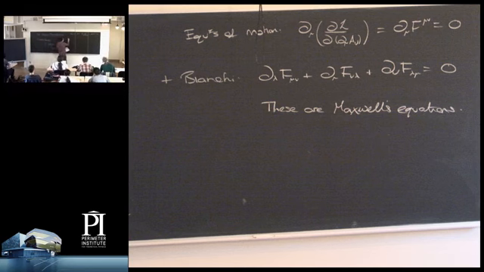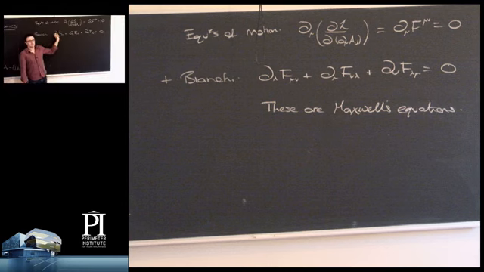Of course, we should add to this the Bianchi identity. This is an identity that just follows by plugging this definition of F into here and noticing that derivatives commute with each other. So d mu d nu is the same as d nu d mu.